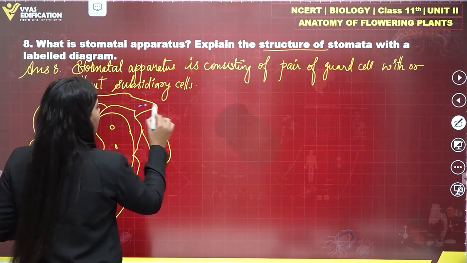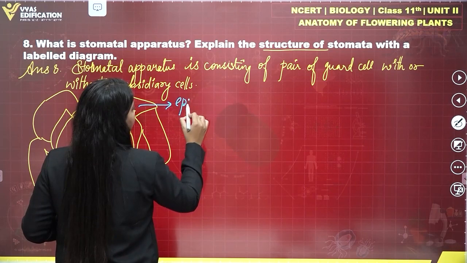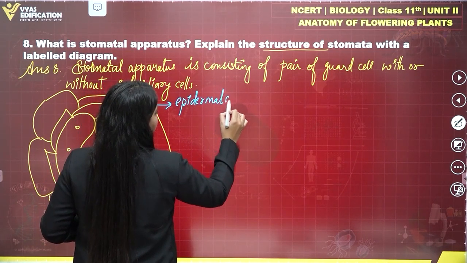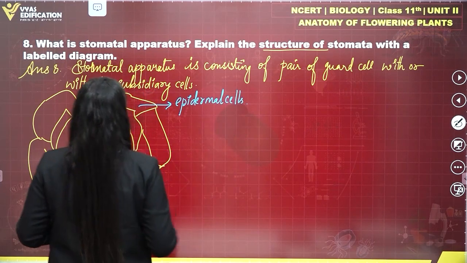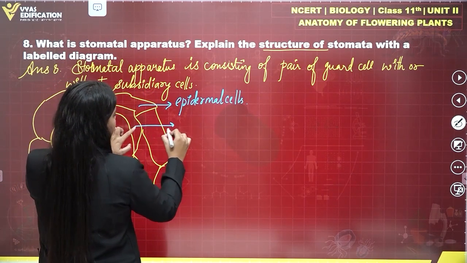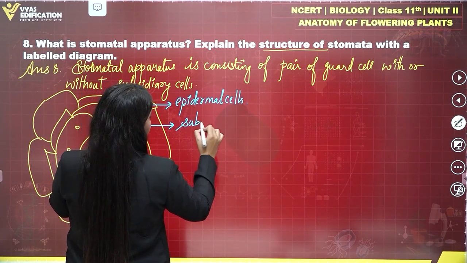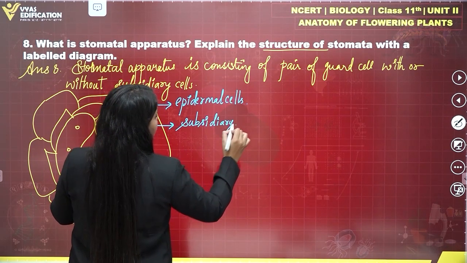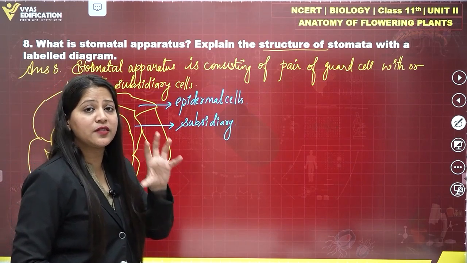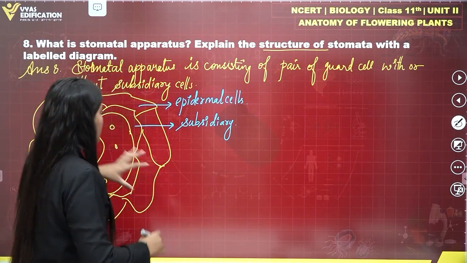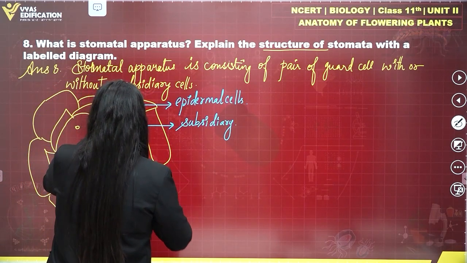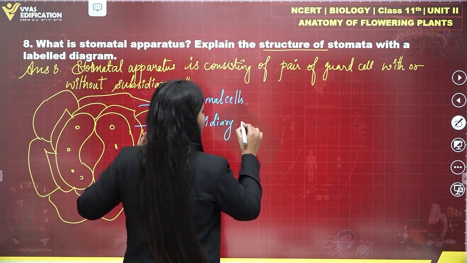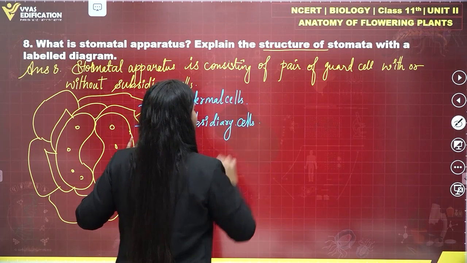So these are epidermal cells, right? The second one is subsidiary cells. Subsidiary cells are the cells which are surrounding guard cells, right? So the cells which are surrounding guard cells are known as subsidiary cells.